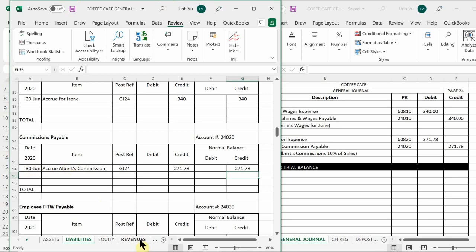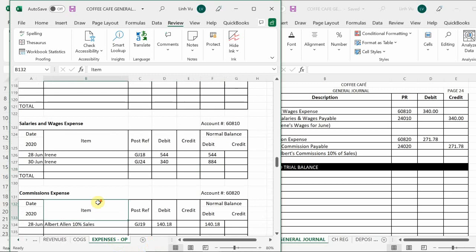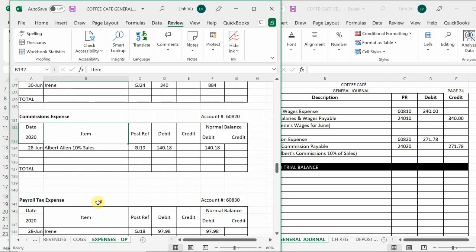Okay. And of course, last but not least, we need to fill in our commissions expense account right here. Accrue Albert's commissions, 10% of sales in June.